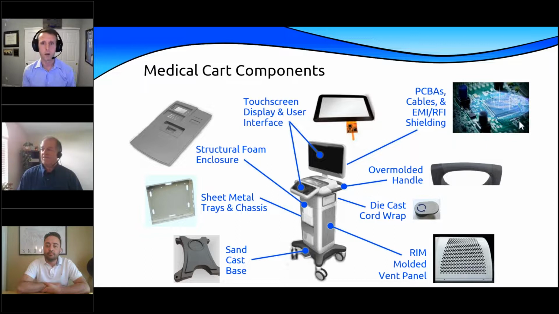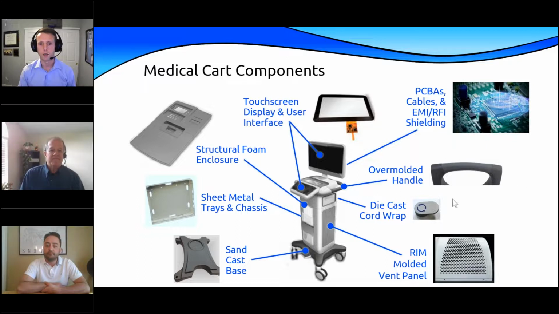And it is pretty common in a cart like this for there to be multiple types of shielding needed. So in this case, you've got some seals and gaskets that have inherent shielding built in. Those are applied around select electronics to protect those. And then you've also got a spray EMI RFI shielding that's applied to the inside of the plastic enclosures of the cart that's helping with shielding.